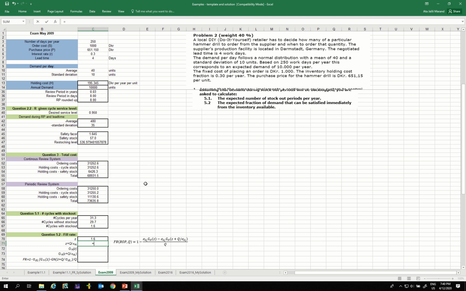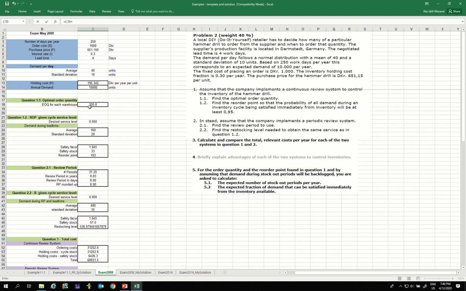Then Z plus Q over sigma dL is simply Z plus Q, which is 320, over sigma dL, or standard deviation of demand during lead time.